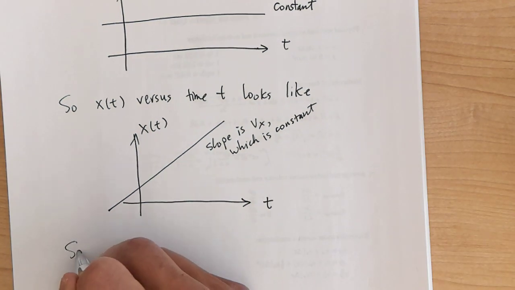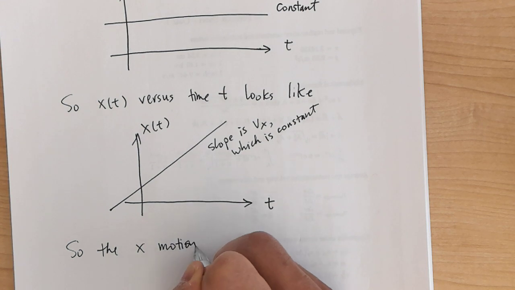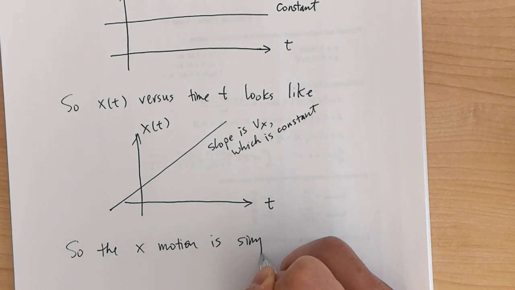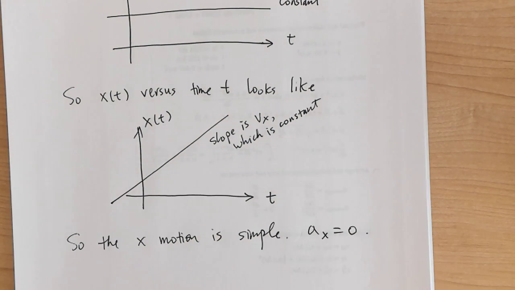Okay, so as I said, the x motion is simple. Ax is equal to 0. There's no acceleration in the x direction. The velocity is constant.